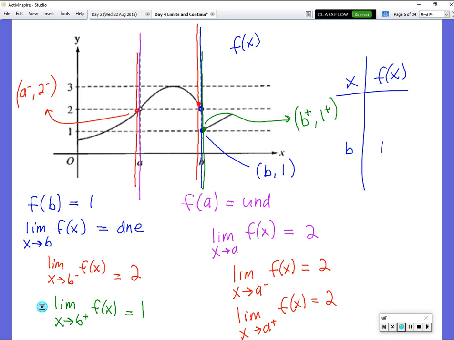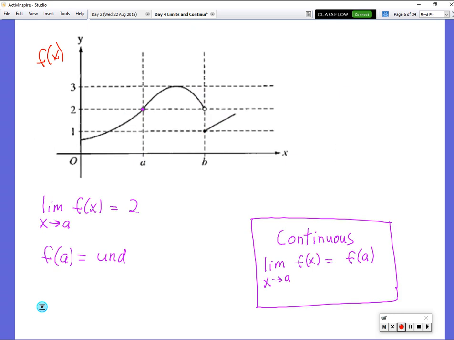You've got to think of the right-hand limit. So you think of all 3 of them. If all 3 are the same, then the function will be continuous. Does that make sense? 2 more for Sarah. I wrote the definition of continuity like so. Another way you can write the definition, which is just as correct, is to write this.